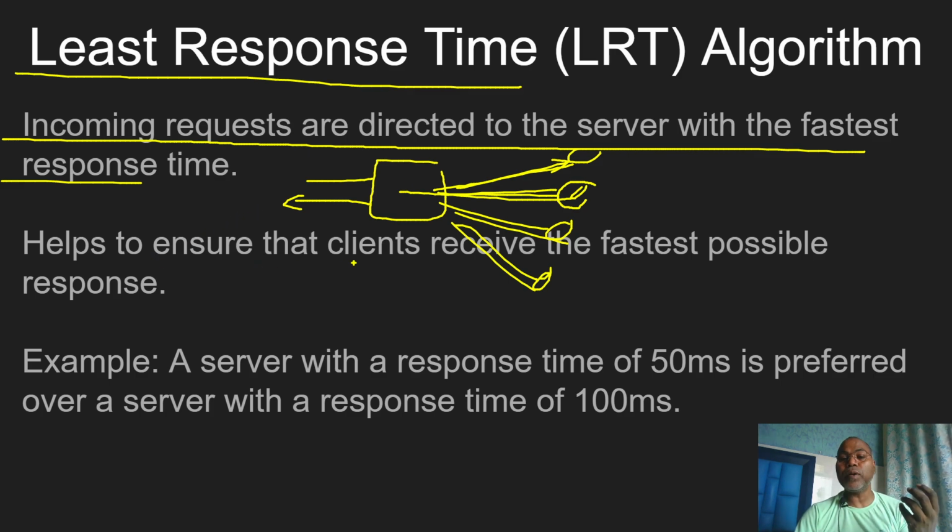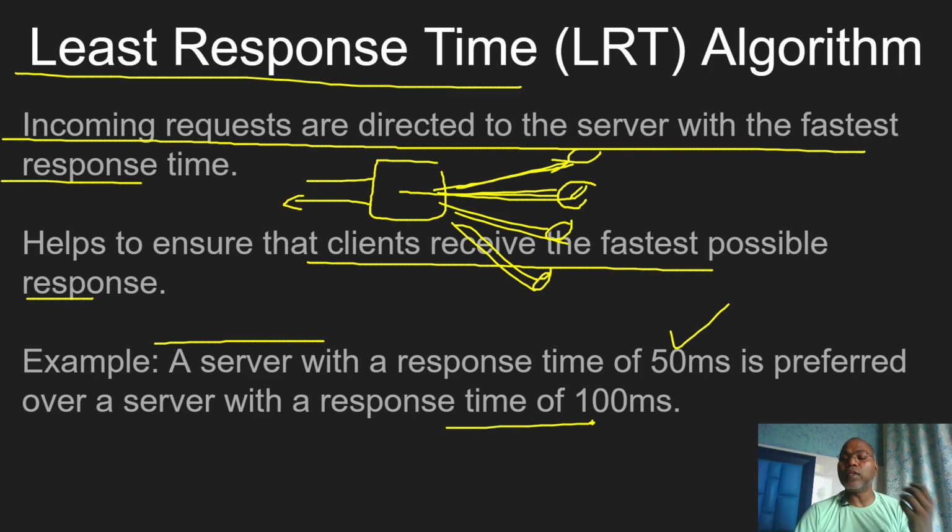This helps the client receive the fastest possible response. Maybe one server's response time is 500 milliseconds and another server's is 100 milliseconds. By default the load balancer prefers to route the call to the server with the lower response time, because it is quickly responsive.